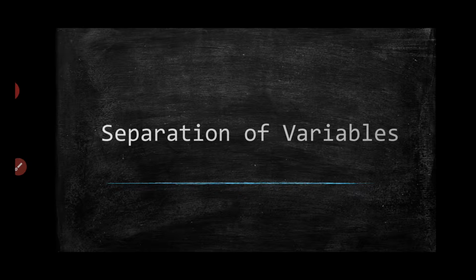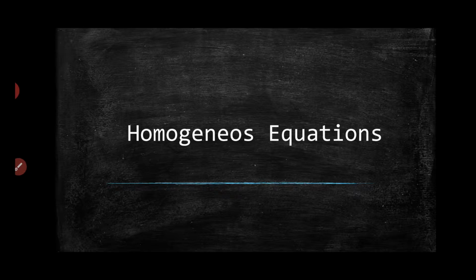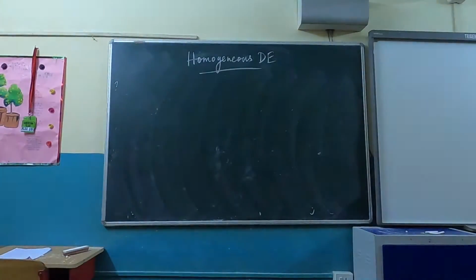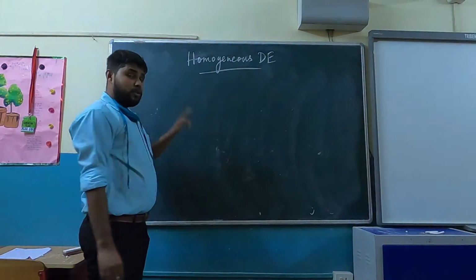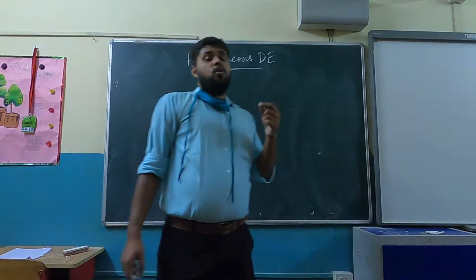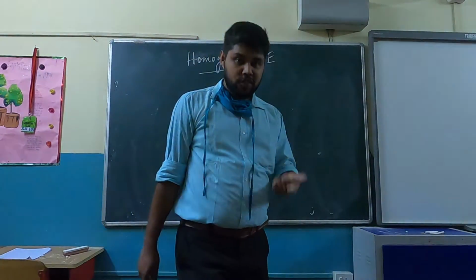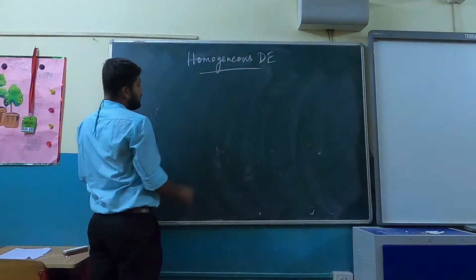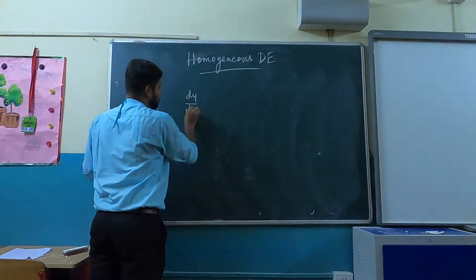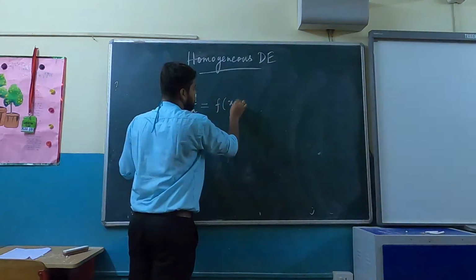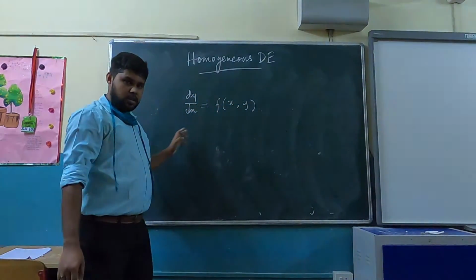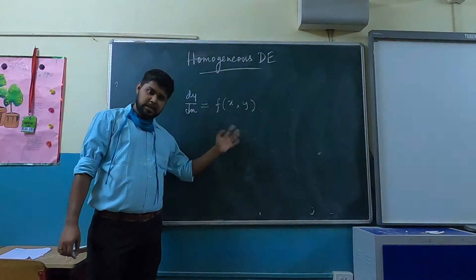Now we move on to the next one, that is homogeneous equations. So we start off with homogeneous differential equation. Now before we start, we need to know what is a homogeneous differential equation. So let dy by dx is equal to f of x comma y, because the equation may contain x, may contain y.